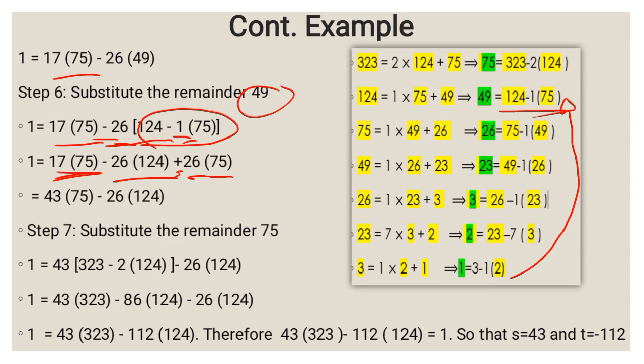I have 17 75s, I have 26 75s here. So how many in all? I have 43 75s. And the minus 26 of 124 follows us obediently too.